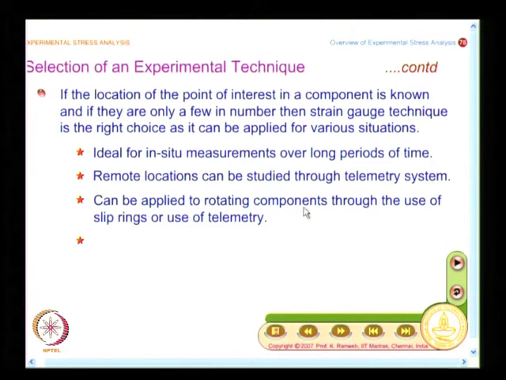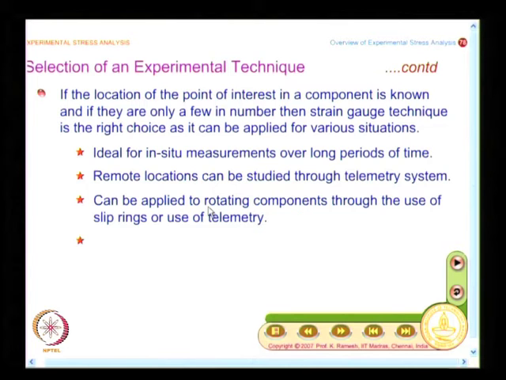You have compressors, you have turbines, you have many rotating components which require thorough study. I can use strain gauges, by the use of slip rings or telemetry. I can mount them on rotating components. Here the accessibility is very crucial. Unless you take special steps, you cannot employ optical methods here.